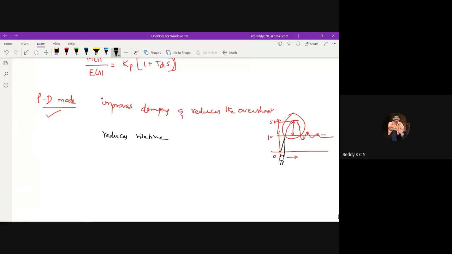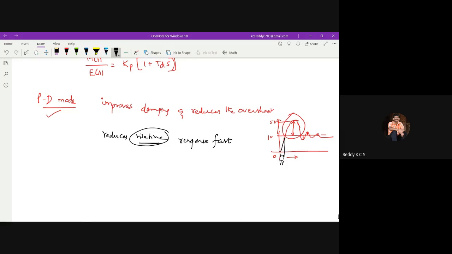From 0 to 90%, the time required to reach 90% of the output is called the rise time, and it has to be reduced. With the help of PD controllers, if I reduce this rise time, the response will become fast.